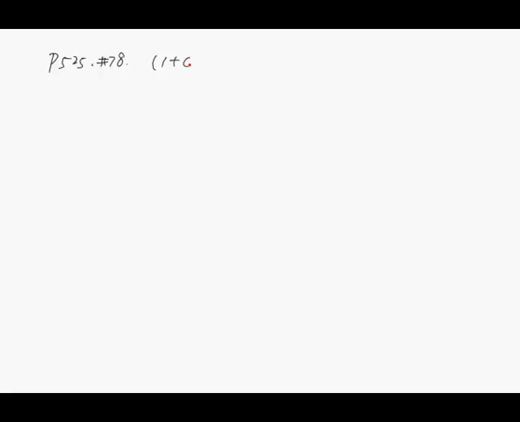So 1 plus the cotangent alpha, squared. And sometimes we need to work on both sides.